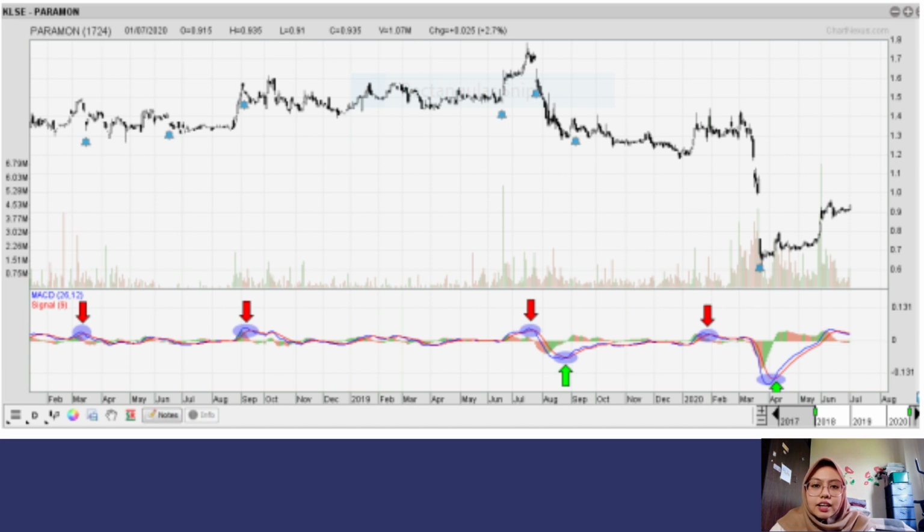In contrast, a buy signal was generated only once during this period, at the end of August 2019. This is due to the MACD passing under the MACD histogram signal line.